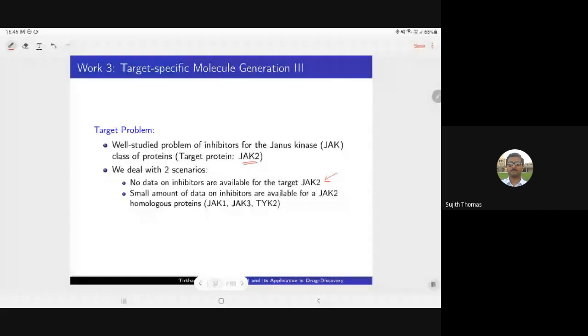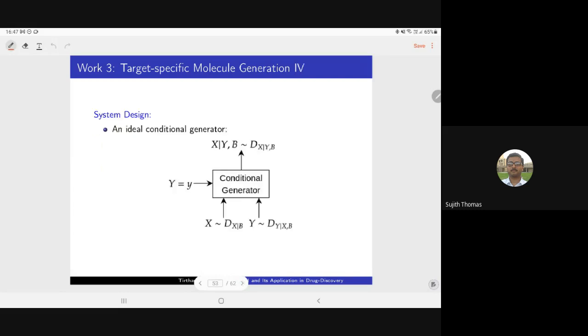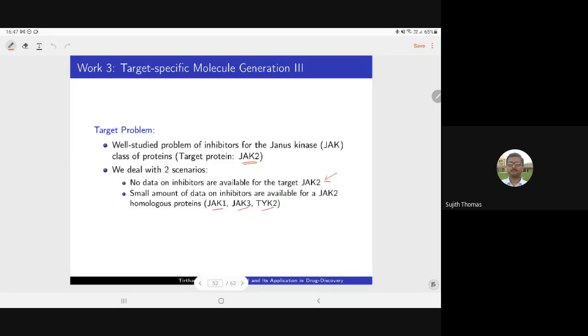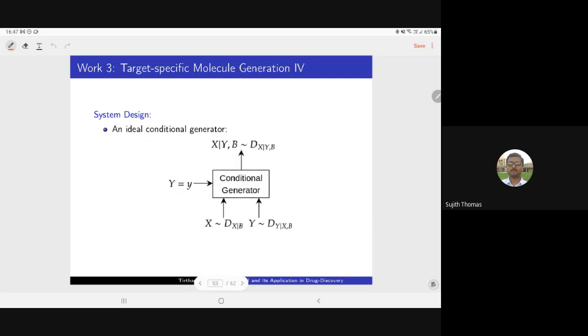That means we do not have any idea of any inhibitors for the JAK2 protein. The second scenario is that we have some information available for JAK2 inhibitors in the form of homologous proteins. So JAK1 and JAK3 are homologous to JAK2 proteins, and they give us some information on inhibitors for JAK2.